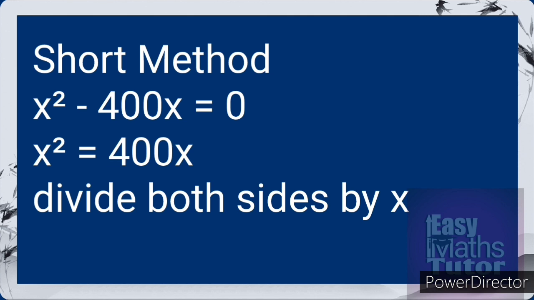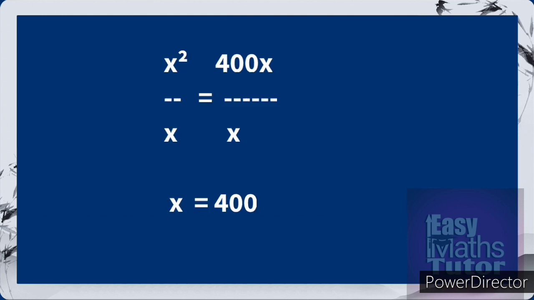Or we go with the short method, which is x squared minus 400x equal to 0, making x squared equal to 400x, dividing both sides by x. So when you divide both sides by x, you will have x equal to 400. This is a shorter and simpler method, but in the next slide we're going to show you how to solve the longer method.